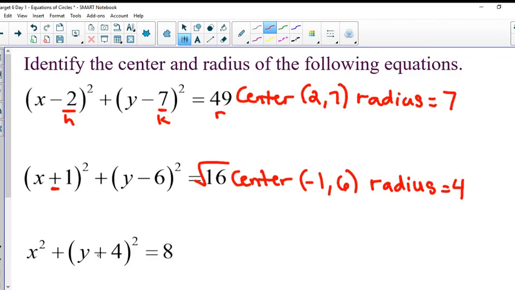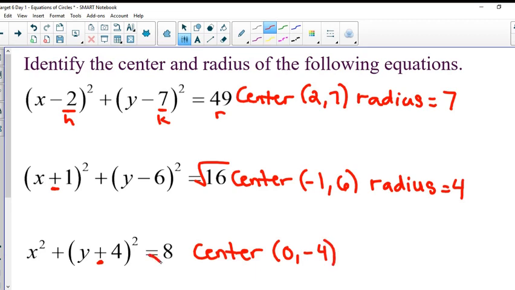Finally, we have a positive sign here, which means we had a double negative. And notice how there is nothing being added or subtracted to our x. So that means we are just going to put a 0 in that place when we figure out our center. So for the center, 0 in the x spot and a -4 in the y spot.